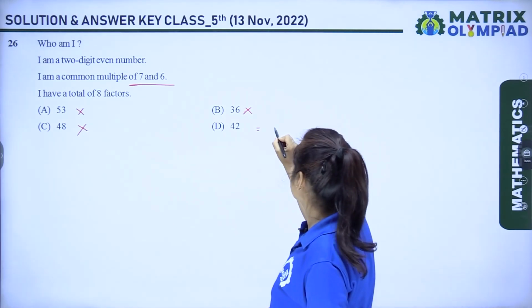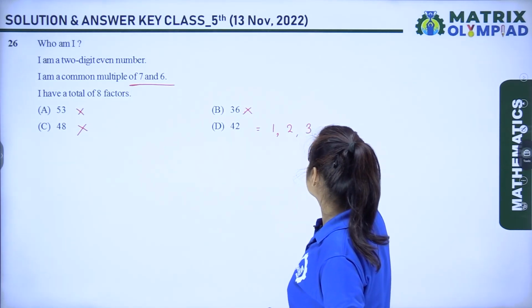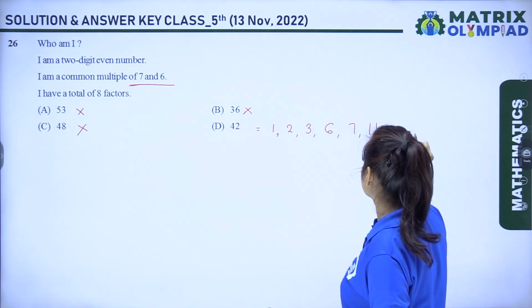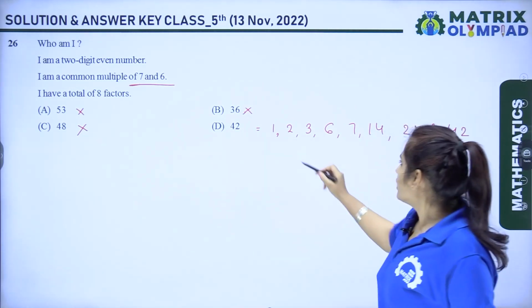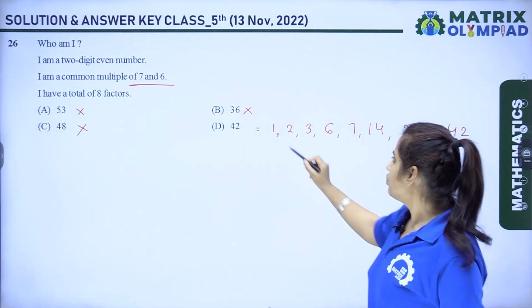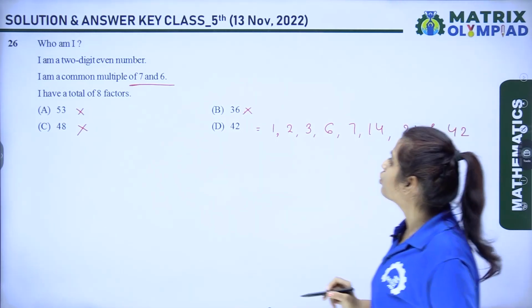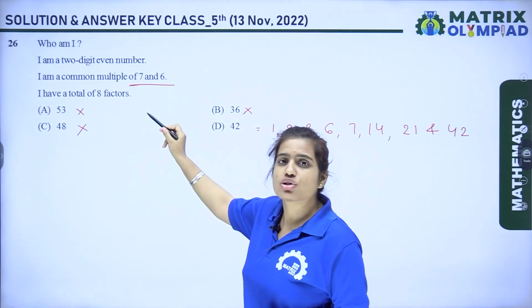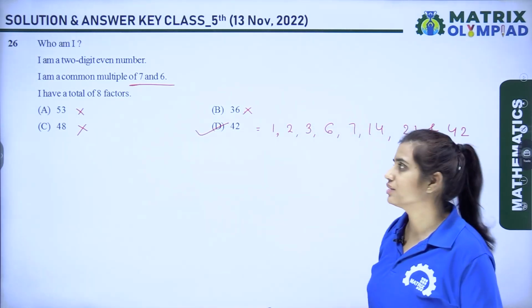So factors of 42 are 1, 2, now these are the total factors of 42. So here it is total number of 8 factors. So here option D is the correct answer.